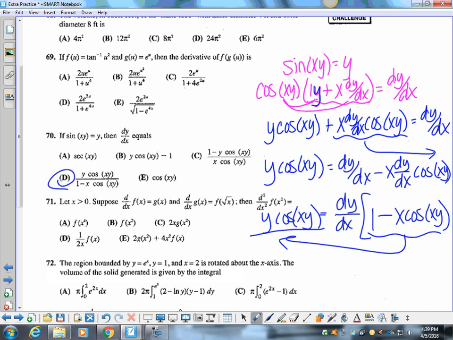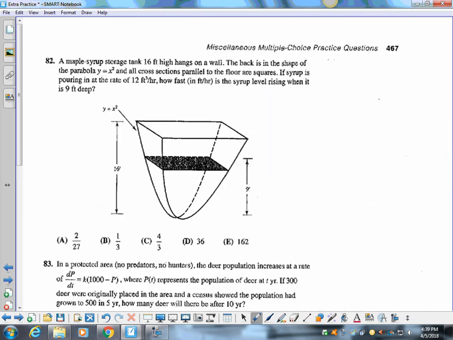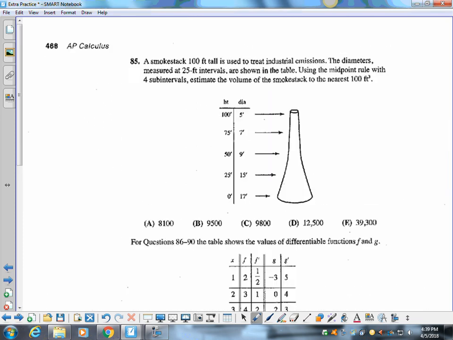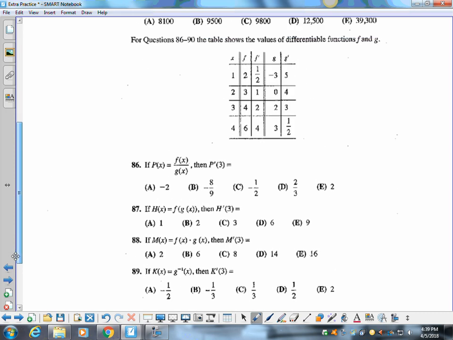And 86, yet again, is another one of those charts, which I hope are no longer weird. Okay, 86. P of x equals f of x over g of x, and I want p prime of 3. So first I have to take the derivative.